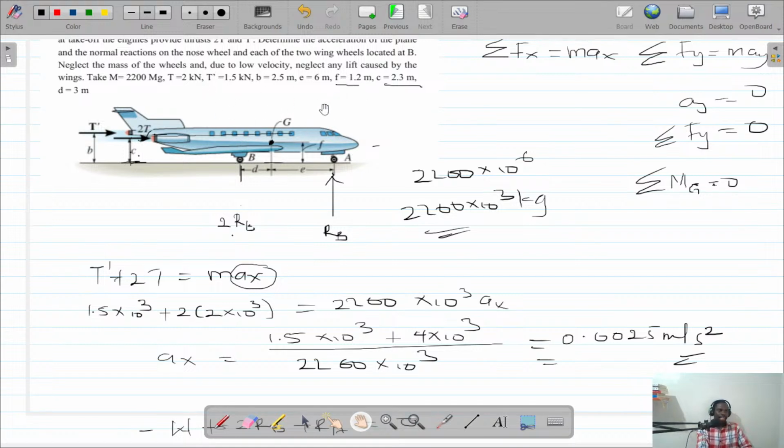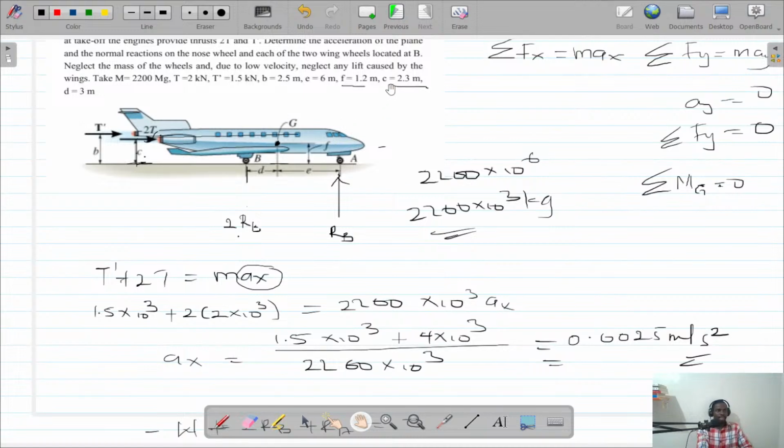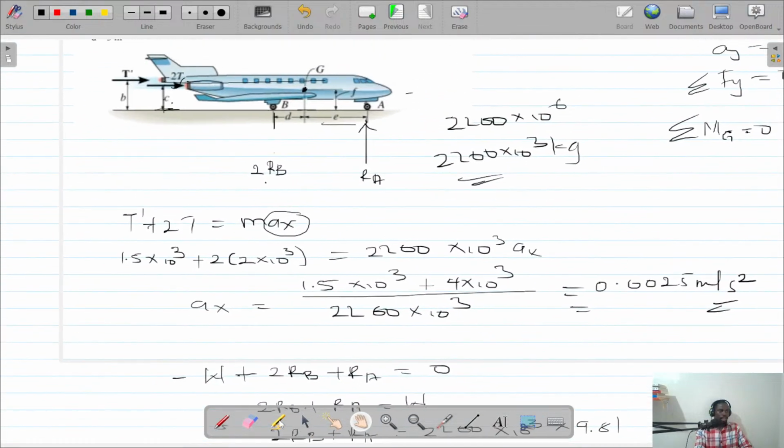And then RB is on the left, so that's also going to give us clockwise moments. So this is going to be RB, this is going to be RE. So it's only this one that is going to give us counterclockwise moments, and its perpendicular distance is E. So let me bring it down.